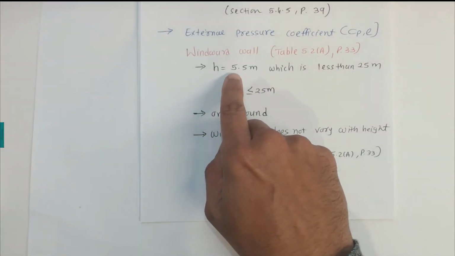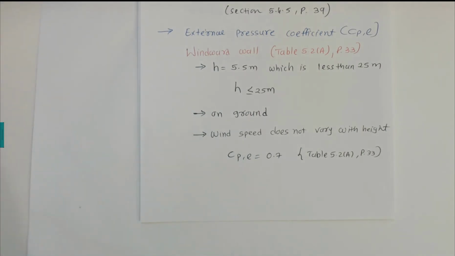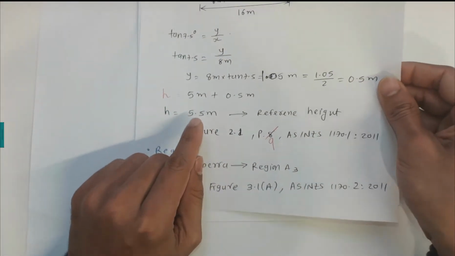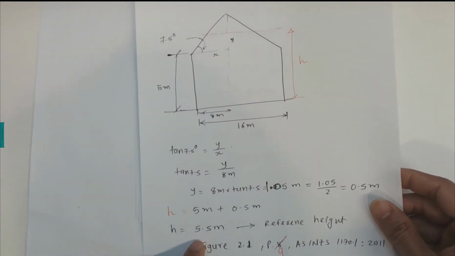Now the height of the building we calculated is 5.5 meters. In our very first video we located the height of the building, calculating 5.5 meters by using the trigonometry ratio.